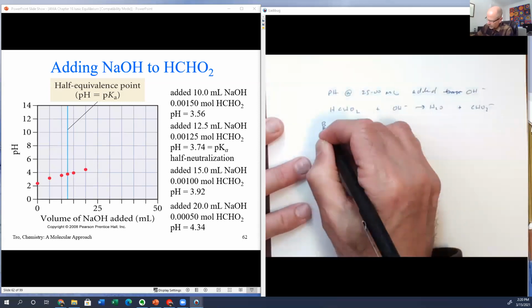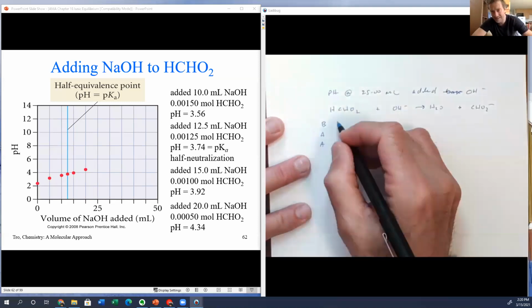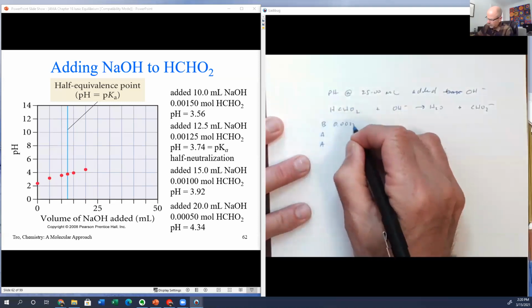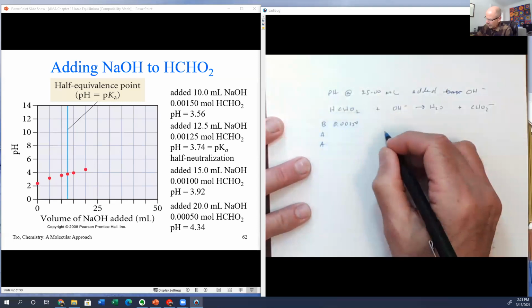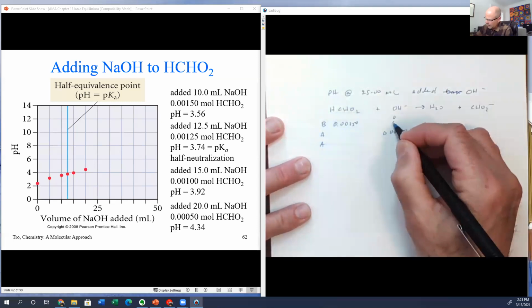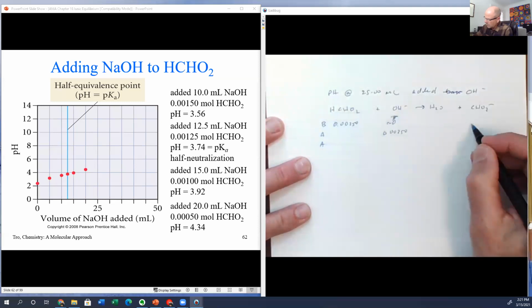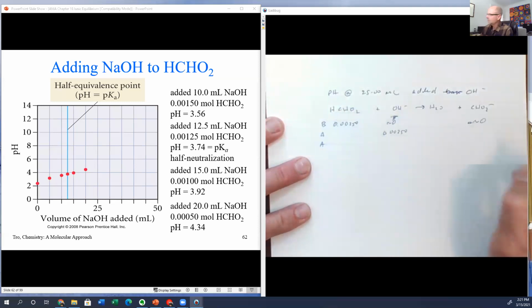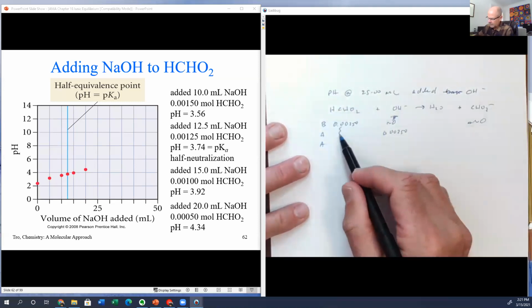So we set up our BAR table. 0.00250, right? Now we've added 0.00250. Okay, so now what happens to this?